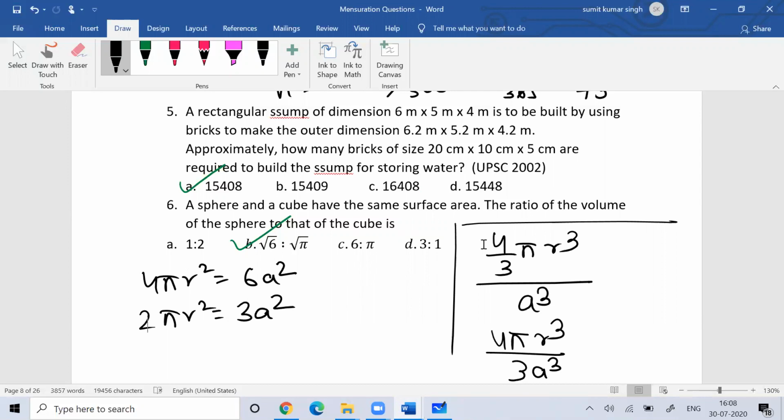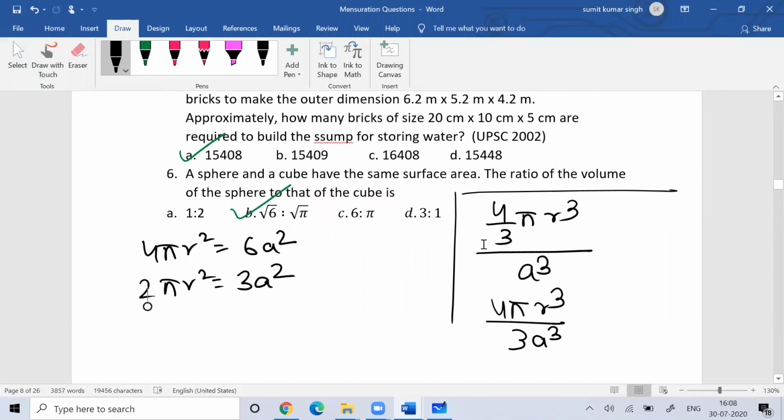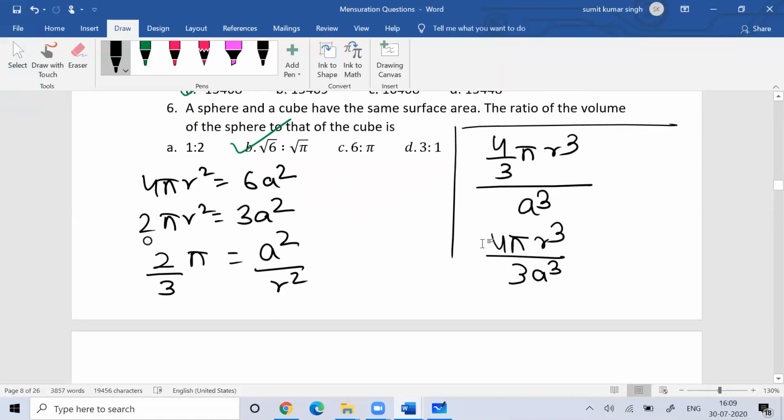Now I would have written this better. This would be 4 by 3, so I can write this as 2 by 3 pi r square equals a square. So a square by r square is 2 by 3 pi.